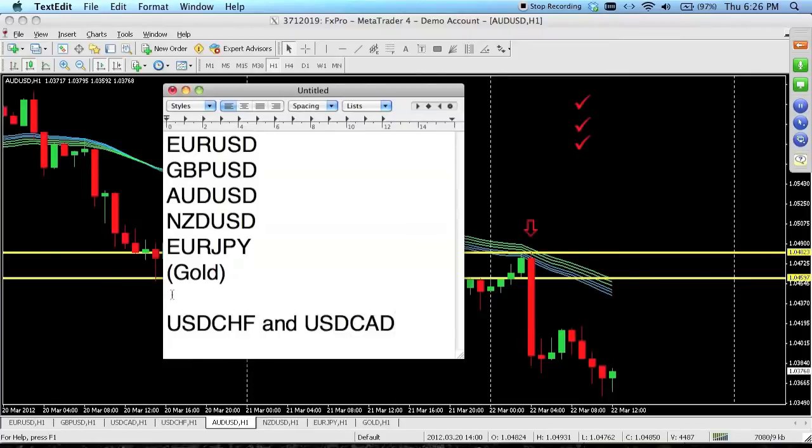The pairs above this line work together. The pairs below this line work opposite. So Aussie dollar we're gonna sell. That means we can sell all of this.